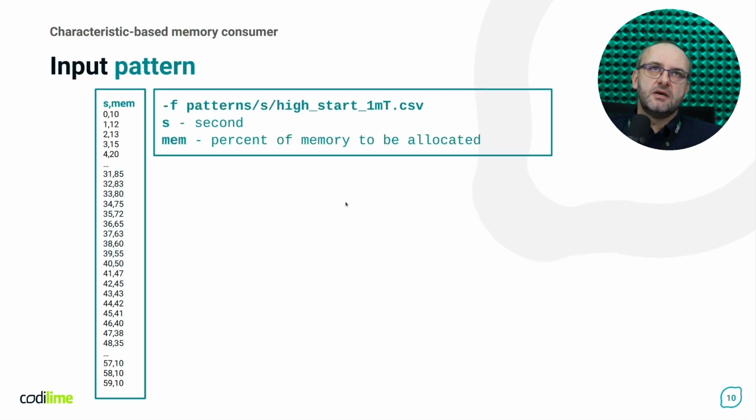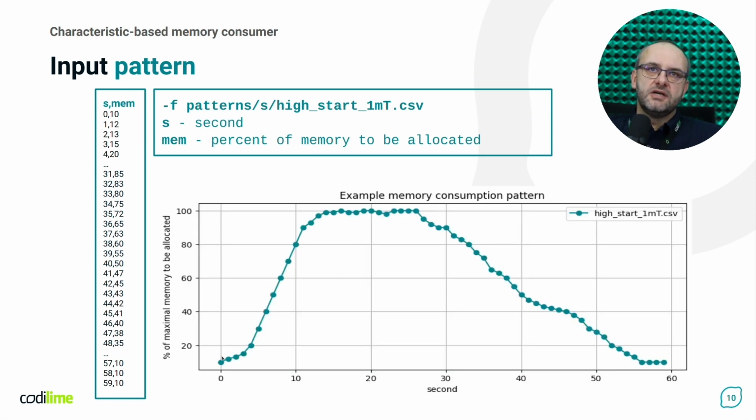What is inside the application? Our pattern is just a CSV file with 2 columns. N stands for second, and the memory represents the percent of the memory to be allocated by the program. And this is the characteristic drawn on a chart.